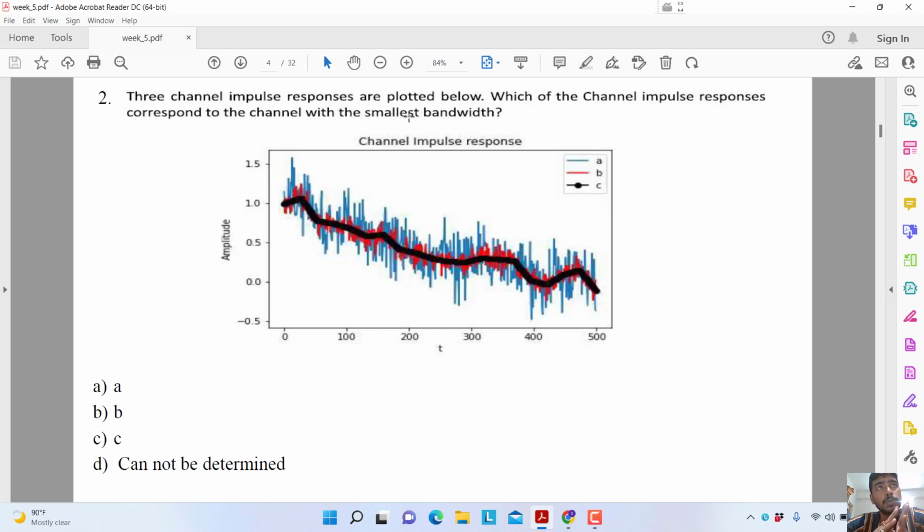I am giving you a hint: using the concept of the first question, you can apply it here and find which has the smallest bandwidth. So please try to answer this question. First is the blue curve, then the red curve, and the black curve.